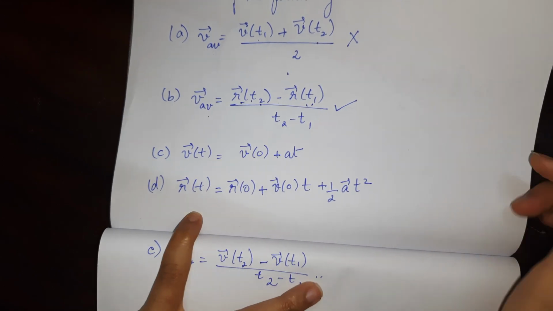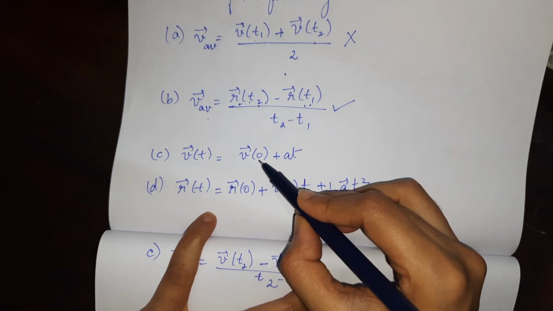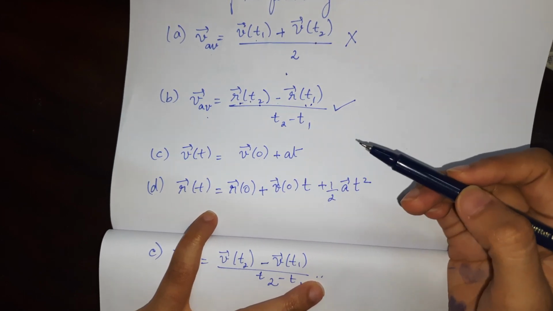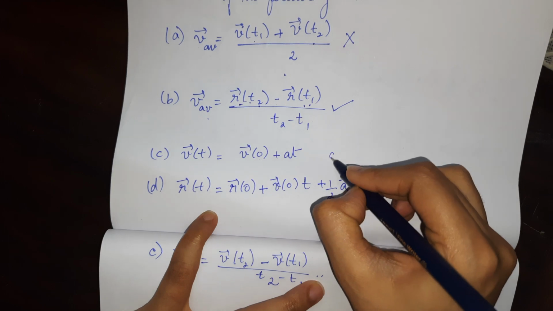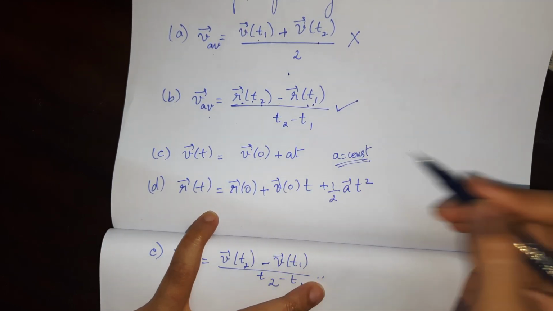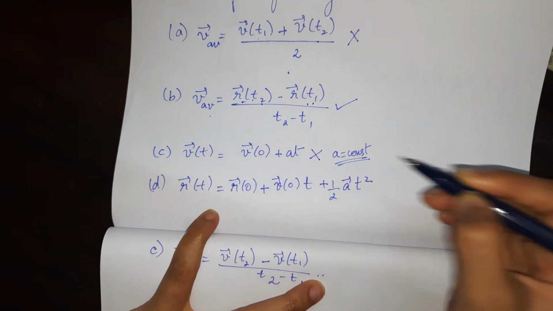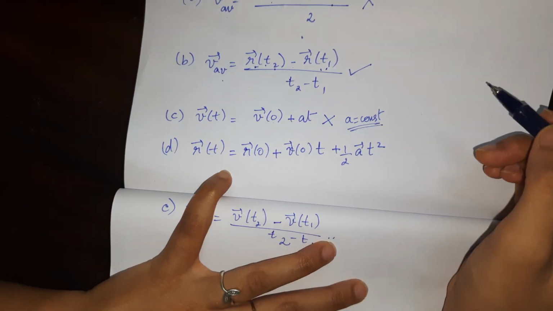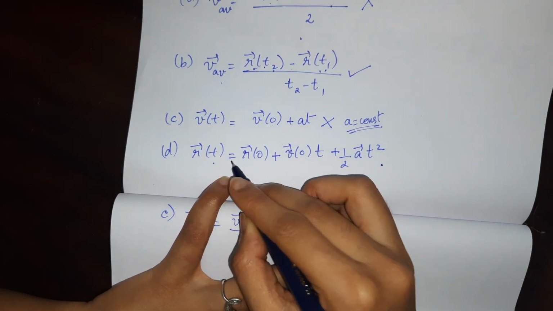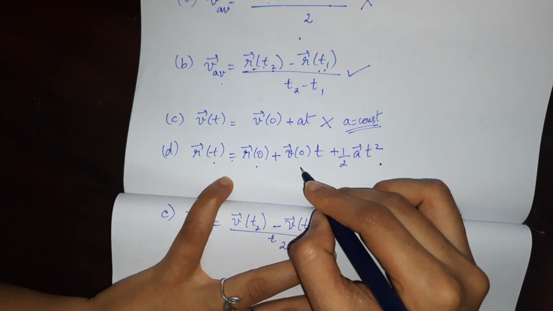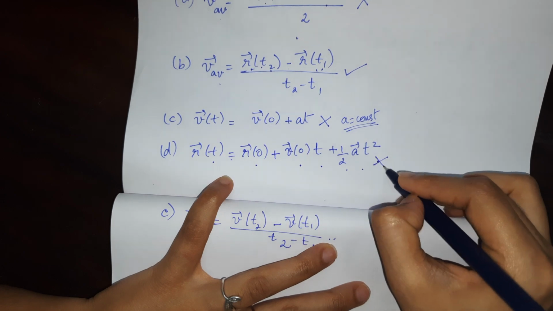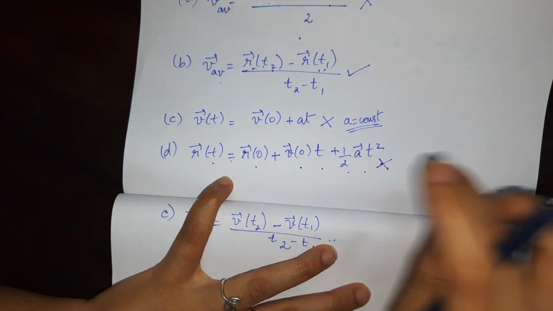Next, V vector is equal to V at time t equal to 0 plus a t. So this relation also will be true only when the acceleration is constant. Only for those types of motions you can apply this relation. So this is also not true for all arbitrary motions. Then again the same explanation for this one. This is like the displacement is equal to initial displacement plus initial velocity into time plus half into acceleration into t squared. So here also a has to be constant in order for this to be true.